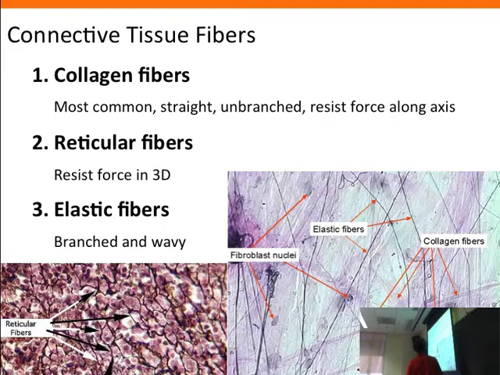Reticular fibers. So here are some reticular fibers. These, unlike collagen, resist force in 3 dimensions. Imagine instead of a single rope that only restricts tension in 1 dimension, imagine an octopus or one of those koosh balls, those things with all the little fibers that come out.